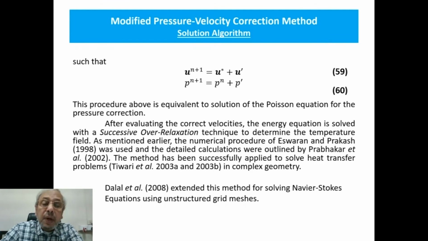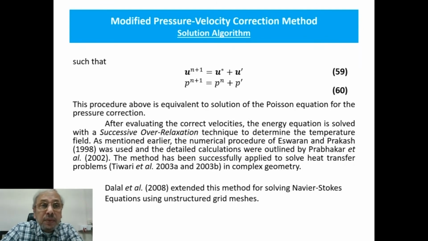So after evaluating the corrected velocities and corrected pressure, the final pressure and final velocities, the energy equation is solved with a successive over relaxation technique to determine the temperature field. How it can be done, while discussing MAC algorithm, we have discussed.